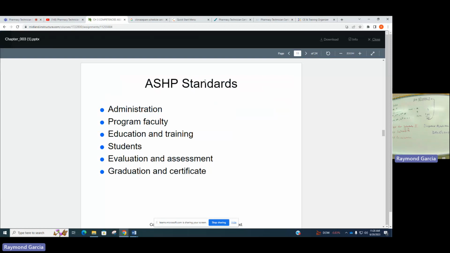3.1 on the next page gives you the pricing and whatnot on the ExCPT, the PTCE, and the differences between the two.